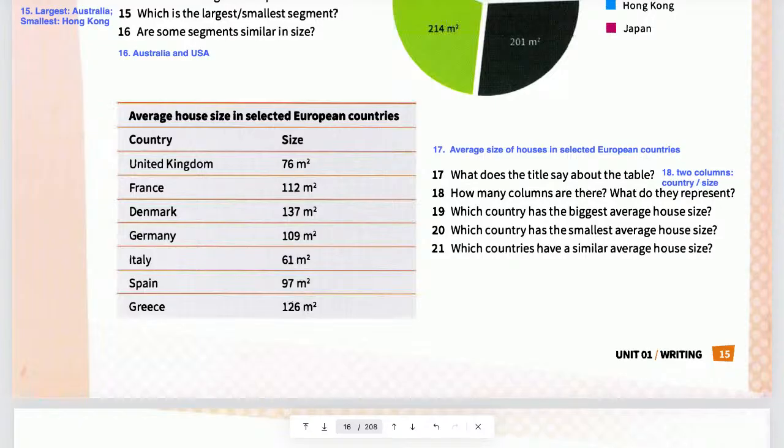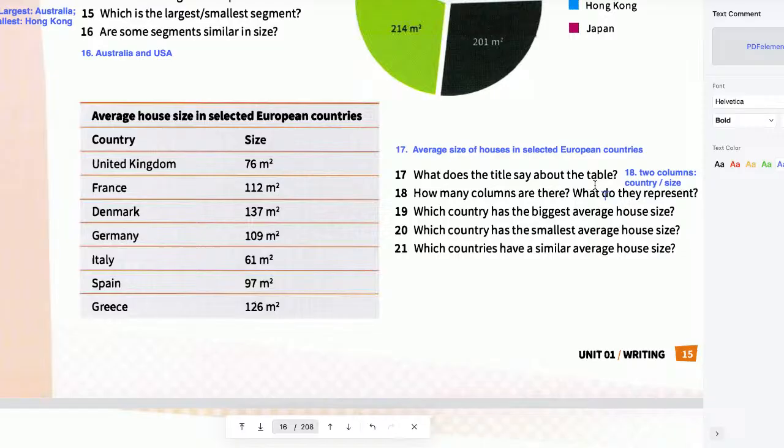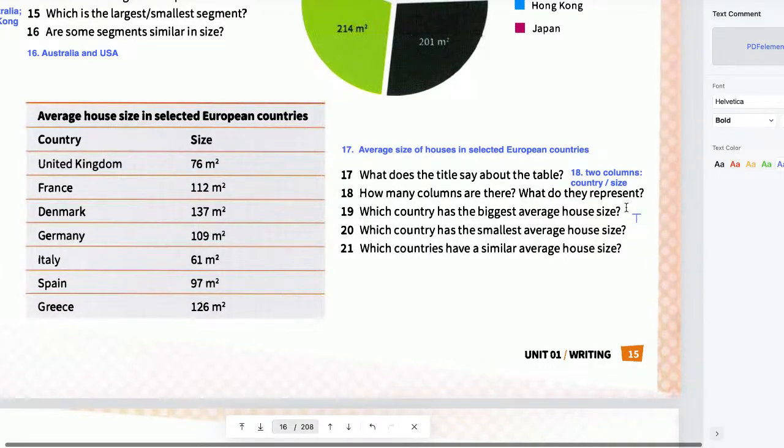If you say that the biggest house size is Denmark, what is that? No. You have to say that Denmark has the biggest average house size. So the answer is Denmark. You can write there, 19.